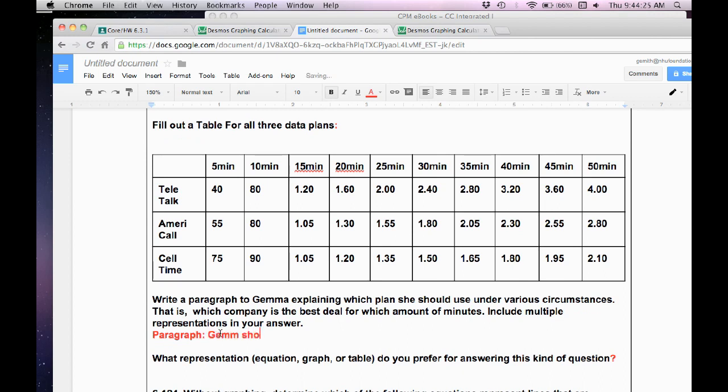Gemma should use Teletalk for anything under 10 minutes. For any calls under 10 minutes, because it is the cheapest for short calls.